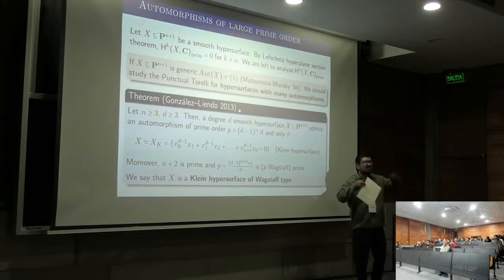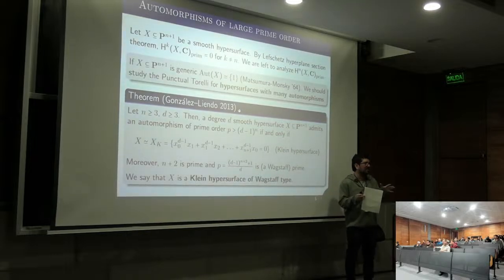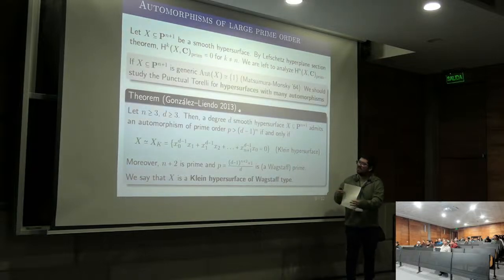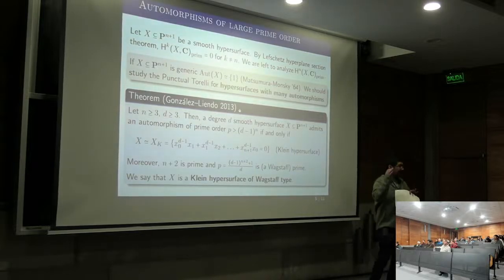So just to summarize, for curves, you have p equals 7 and the full automorphism group PSL2 F7. For p equals 11 in dimension 3 and degree 3, you have the automorphism group PSL2 F11.